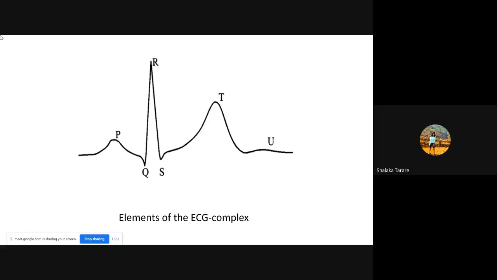These 12 different electrical views of the activity in the heart are normally referred to as leads. The 12 leads are made up of three bipolar and nine monopolar leads. The three bipolar leads are the electrical potentials between the right and left arm, the right arm and left foot, and between the left arm and left foot, that is lead 3.